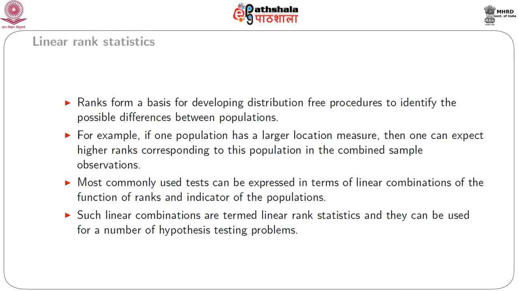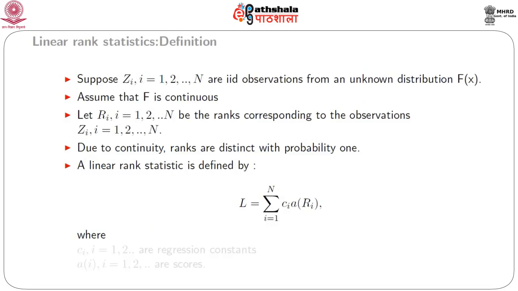Most commonly used tests can be expressed in terms of linear combinations of the function of ranks and indicator of the populations. Such linear combinations are termed linear rank statistics, and they can be used for a number of hypothesis testing problems. So now we shall give the formal definition.